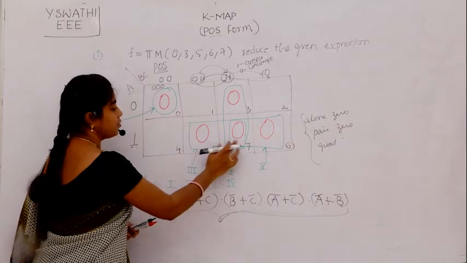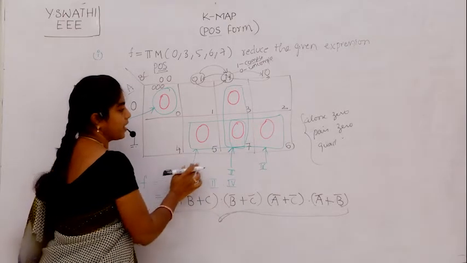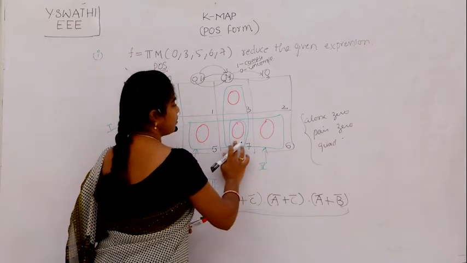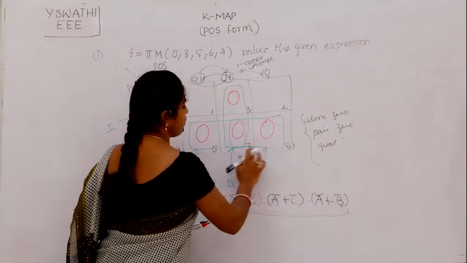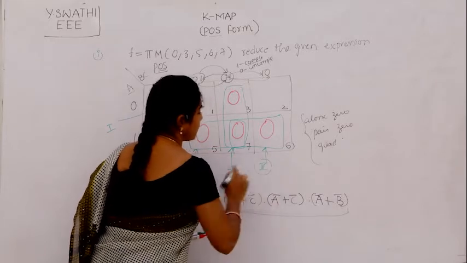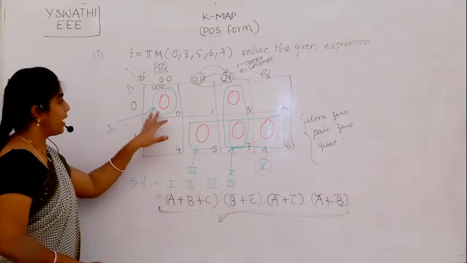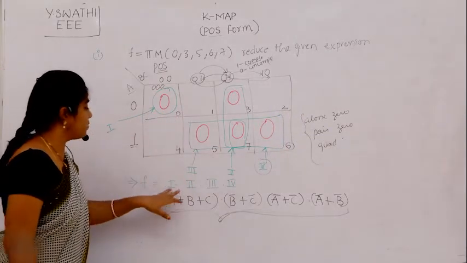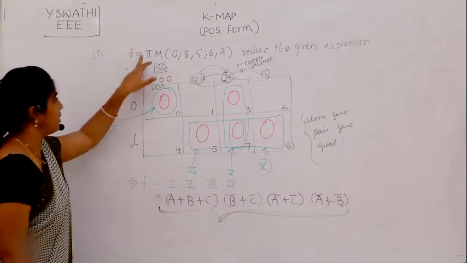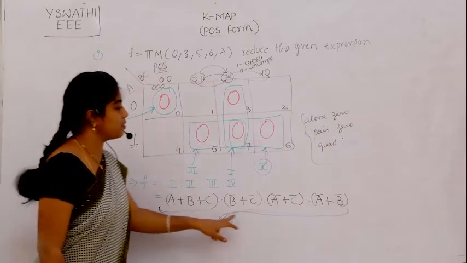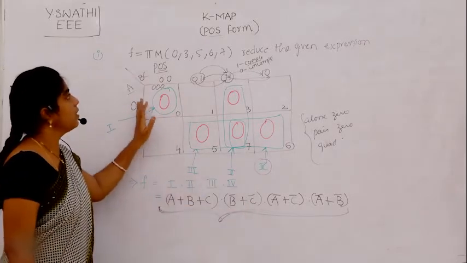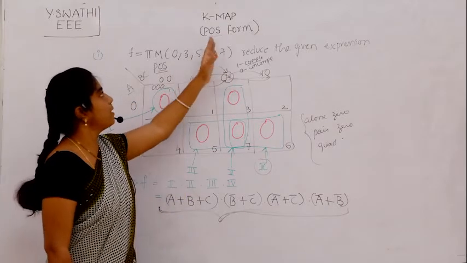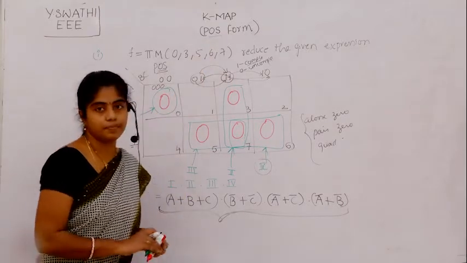That's why these two are grouped as the third prime implicant. And these two are looking as another adjacent cells. That's why these two are formed as another group. So by producting all these prime implicants will give us the reduced form of the given expression. This is our reduced form of the given expression. Now we will move on to the representation of the 4 variable K-map in POS form.